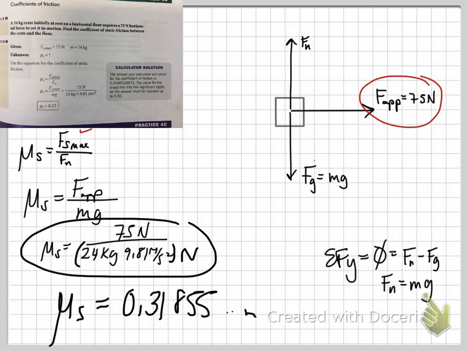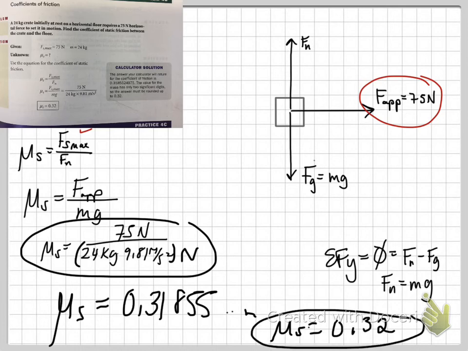No, it's unitless. So there are no units on coefficients of friction. Coefficients are unitless. When we sig fig this out, we get 2 sig figs, so mu s for this surface pair would be 0.32, and I still want to write a unit.